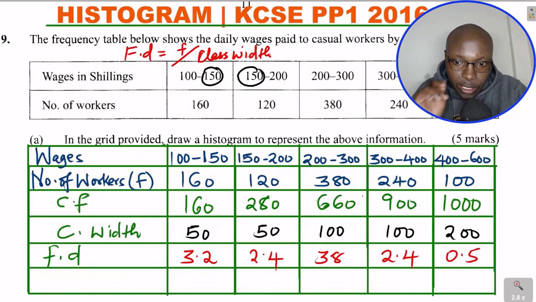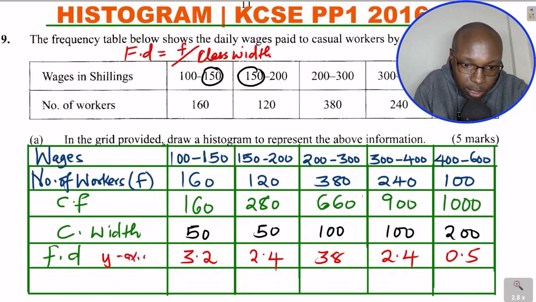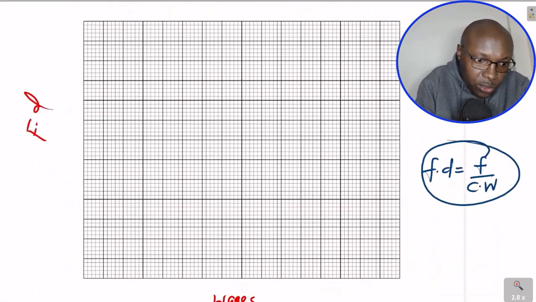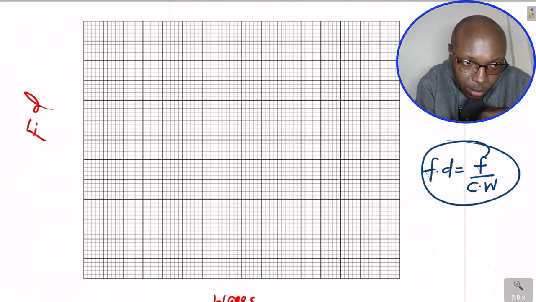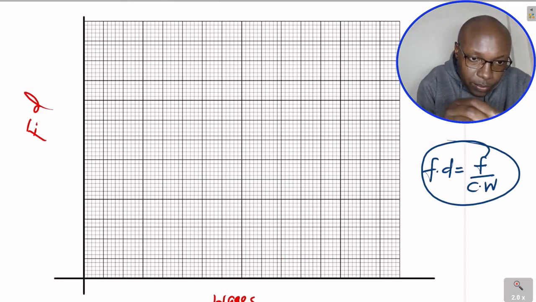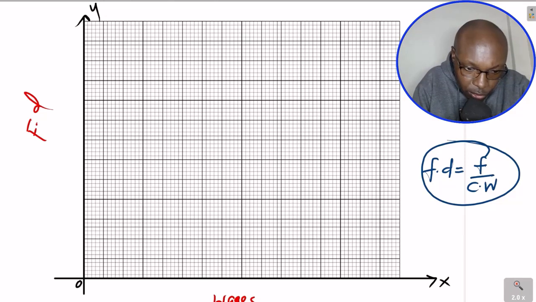So look at the scale that we need to get. We are plotting this one, the y-axis. Then this one is the x-axis. So on the x-axis, when I look at these 100 to 600, let me first draw something here, make sure that the axis is quite visible. So this is the y-axis, this is the x-axis. So we have 0 there.